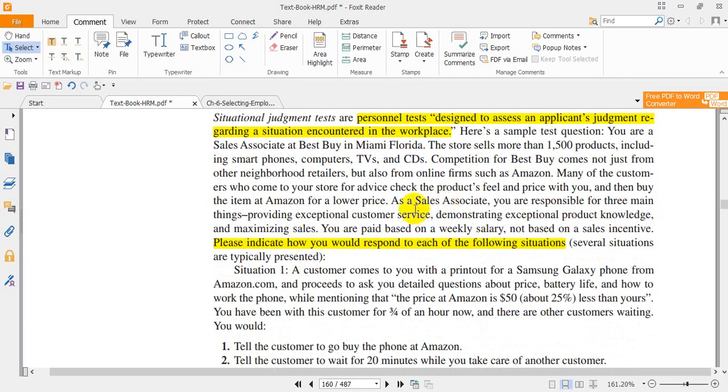So this is an example. Please indicate how you would respond to each of the following situations.